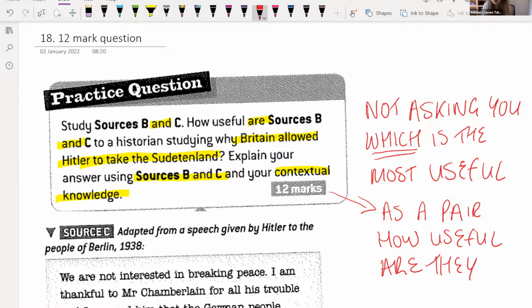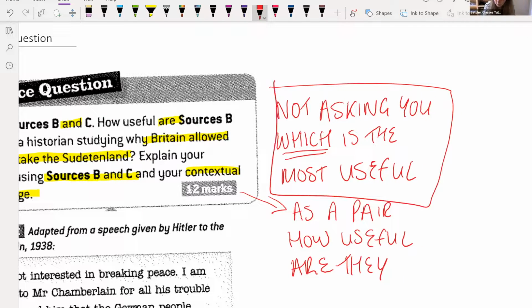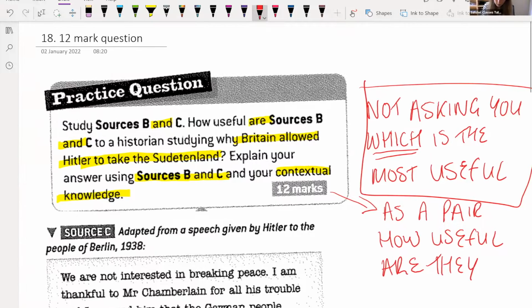It's saying, right, if you were a historian and you were just given these two sources and you had to learn everything, you had to gain everything you could from these two, can you do it? Is it giving you enough information? Are they that useful to you? Now, for a useful question, I'm just going to put that in a box so we know that that's a separate statement to that one.